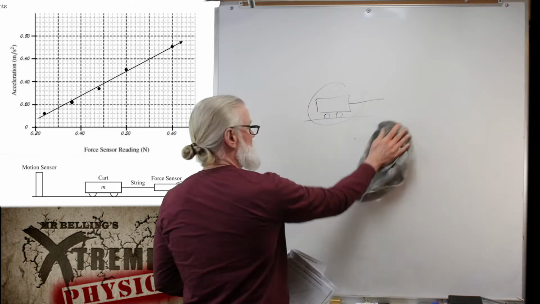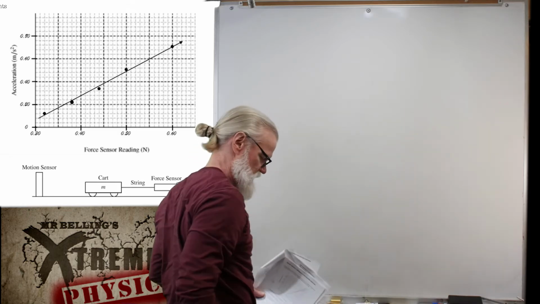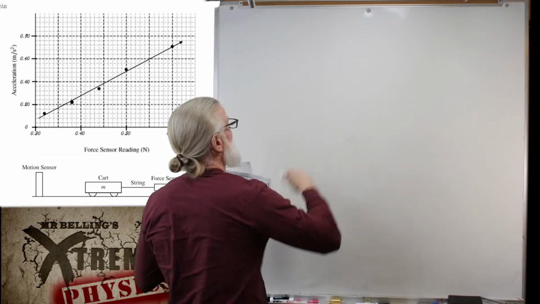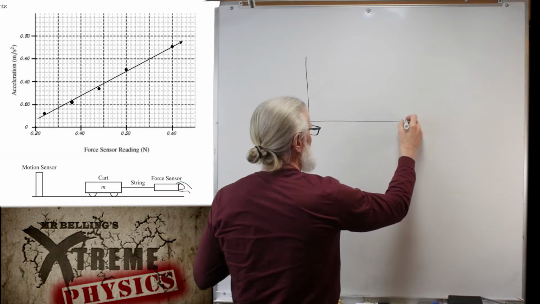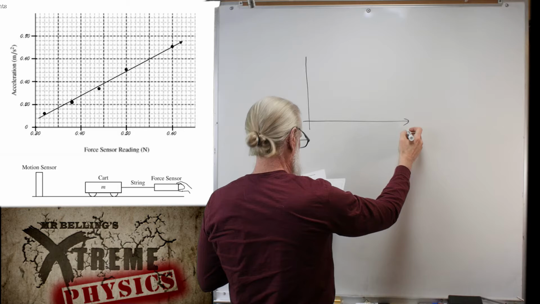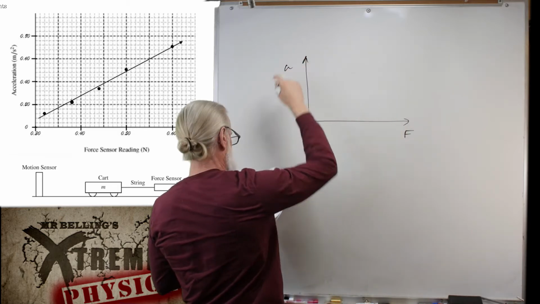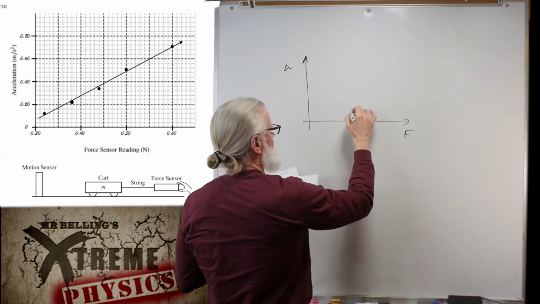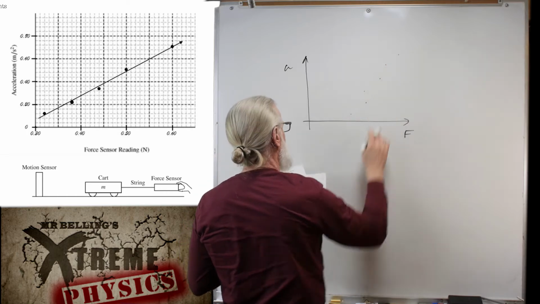Let me talk about this graph. I'm not going to actually graph it, I'll just kind of sketch it. You can get something like this. So we got our force and we have acceleration, and then we got some data. You should have had some data like this.